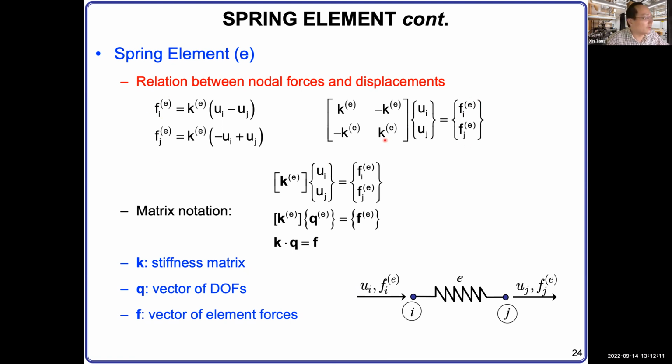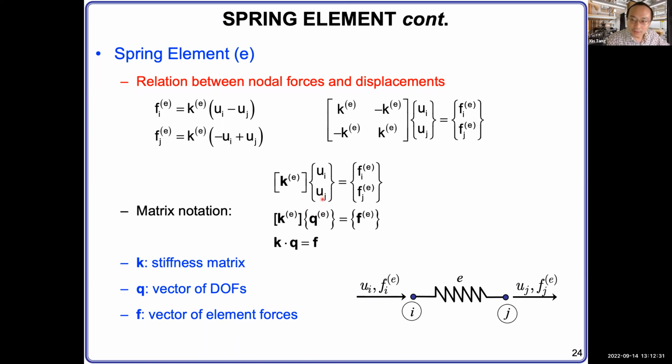Okay, so eventually you can also make it into an abbreviated form: K U equals F. U can also be written as Q, because Q is more generic. It's called the vector of degrees of freedom. This is only the 1D case.